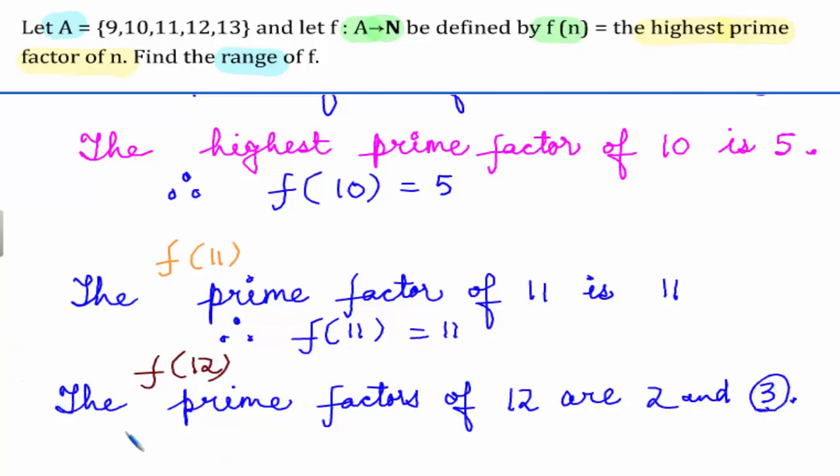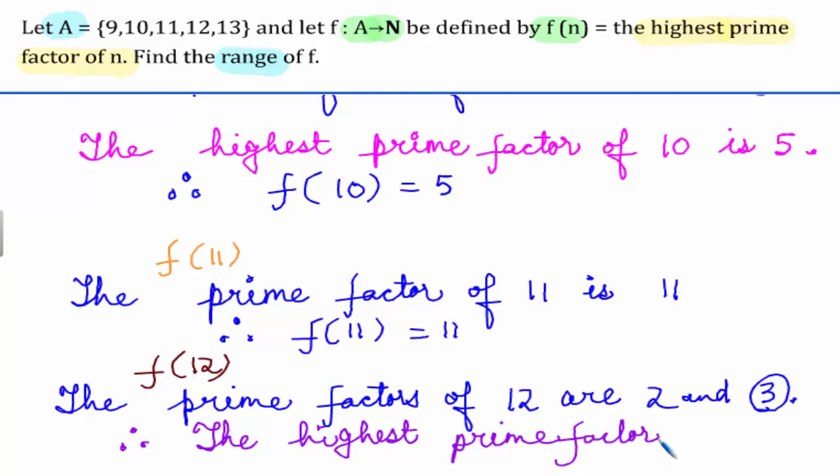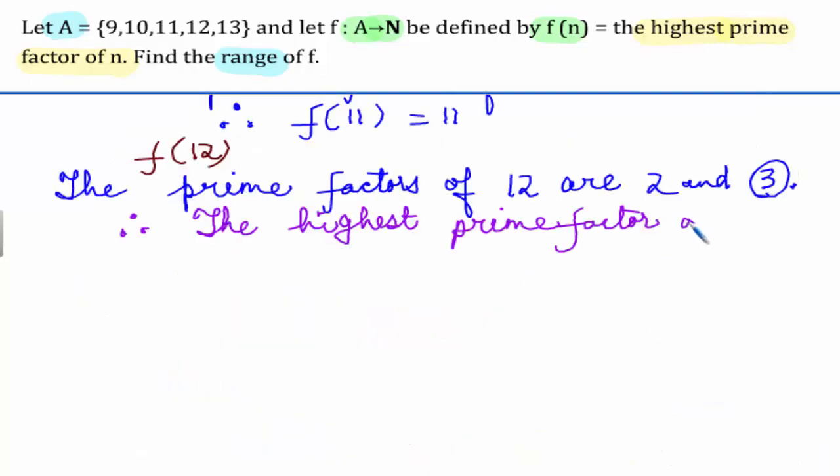So we write the highest prime factor of 12 is 3. Therefore, f of 12 is equal to 3.